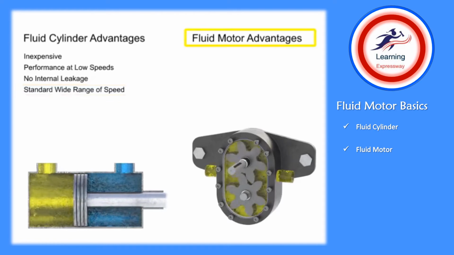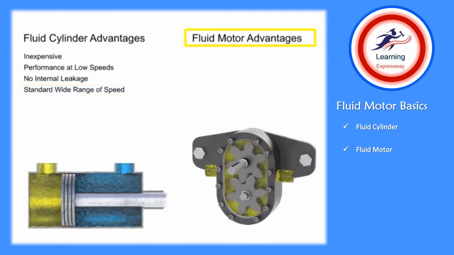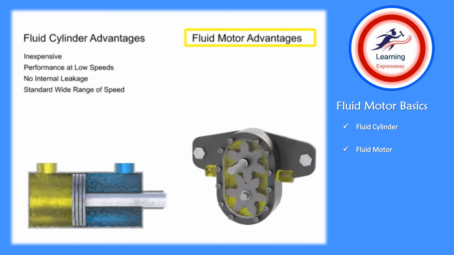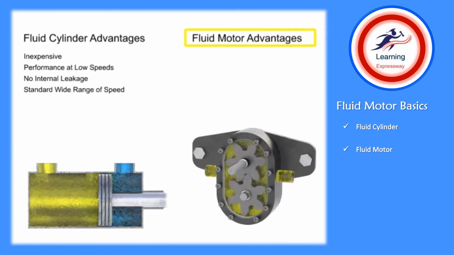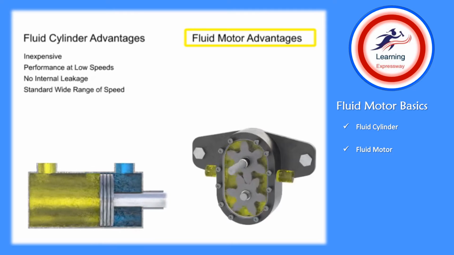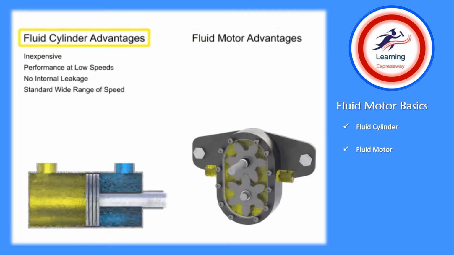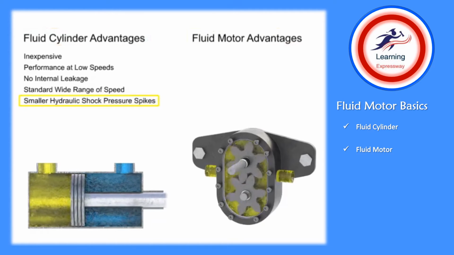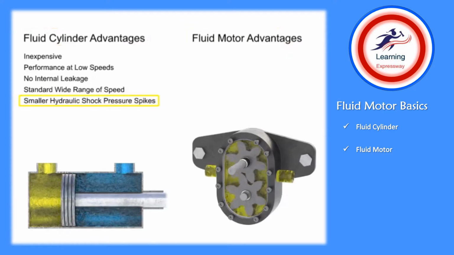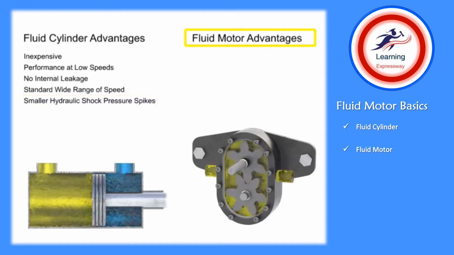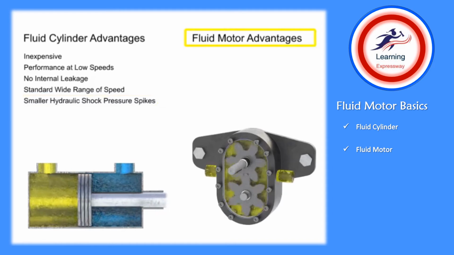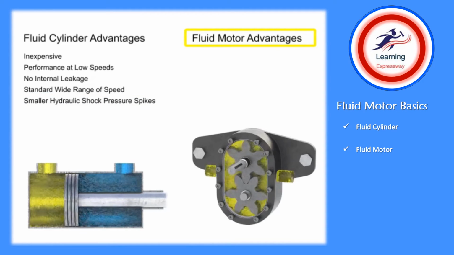A fluid motor can only perform similarly if it's designed with precision tolerances to reduce its natural internal leakage, which increases cost. Cylinders also produce smaller pressure spikes, called hydraulic shock, when stopped suddenly. Fluid motors tend to produce a much larger amount of hydraulic shock if stopped suddenly due to the momentum energy contained in their rapidly rotating loads.